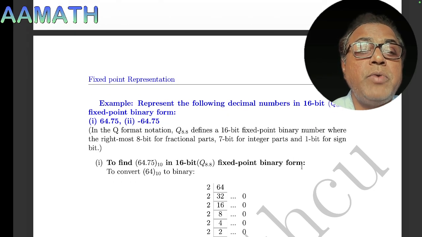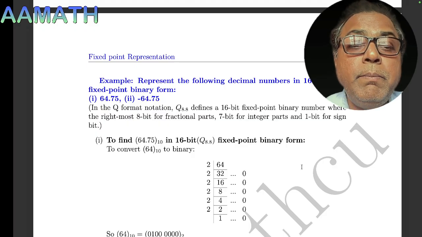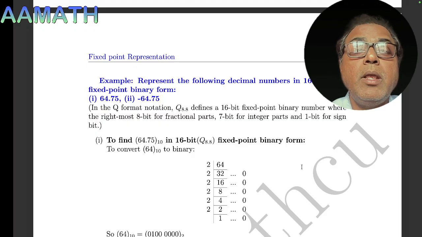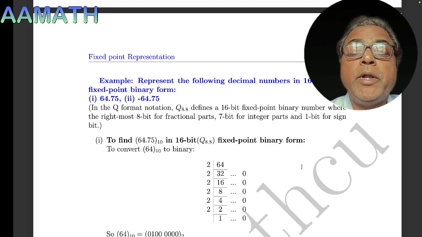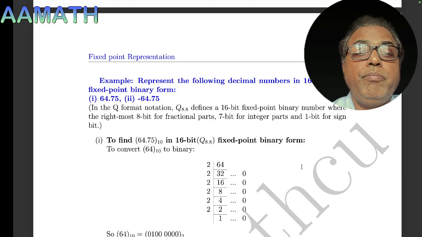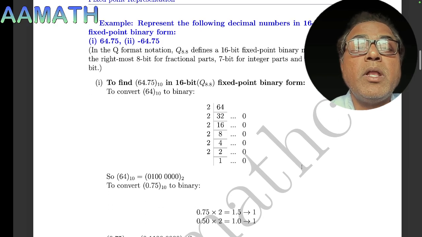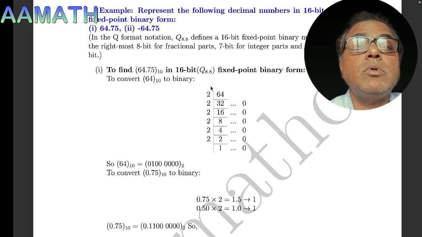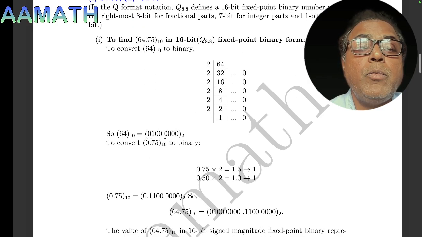Now, first we find the value of 64.75 to the base 10 in 16-bit Q8.8 fixed point binary form. For that, first we convert this number into binary representation. So 64 to the base 10, this is for 8 bits.